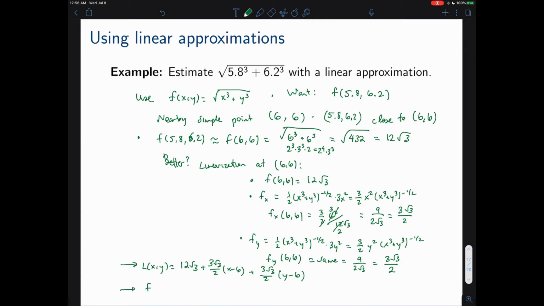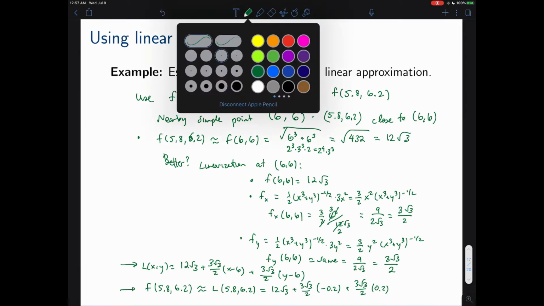And that means that f of 5.8, 6.2 is approximately equal to L of 5.8, 6.2, which is 12 root 3 plus 3 root 3 over 2 times minus 0.2 plus 3 root 3 over 2 times plus 0.2. And look at that, those two terms end up canceling out.